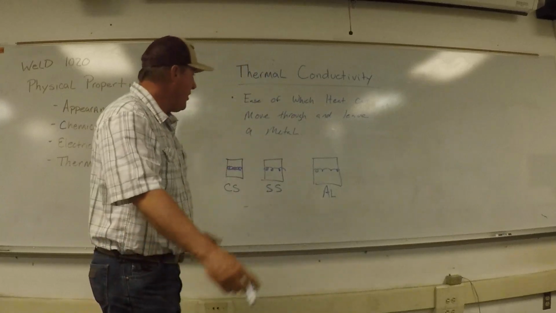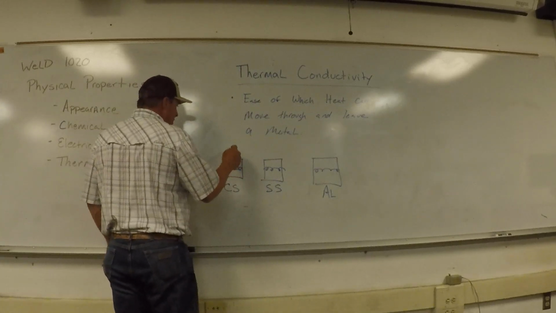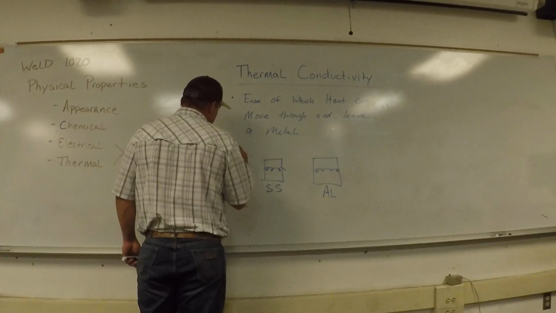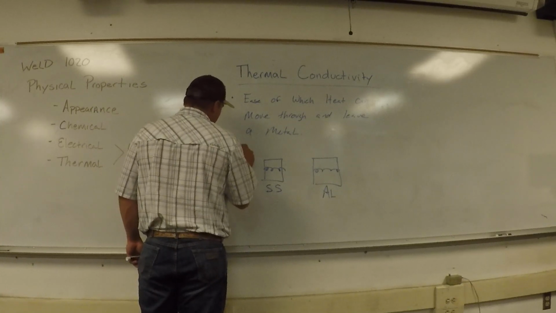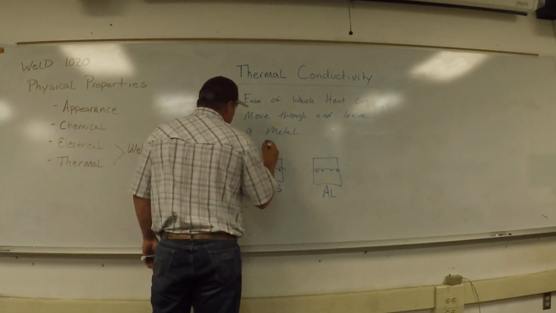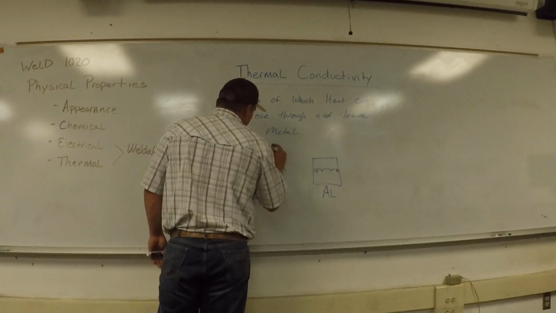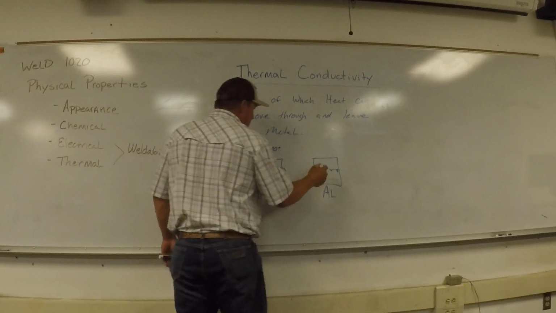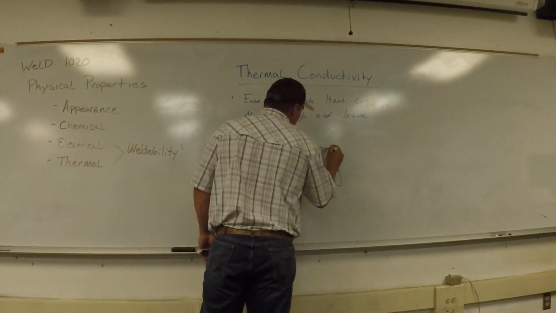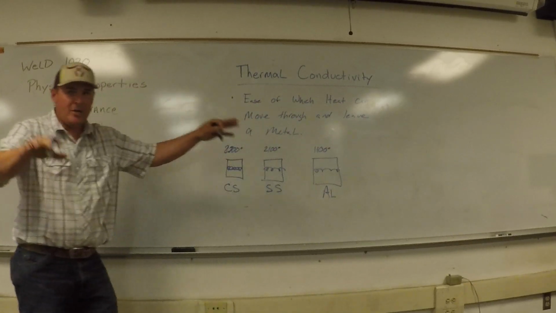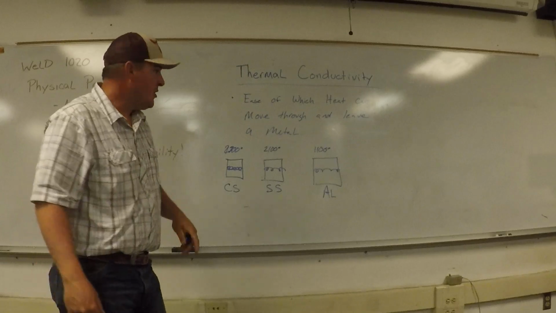Some are going to get hotter than others because carbon steel, it's got to melt at like 2,300 degrees. Don't quote me on it, it's not an exact number. Stainless steel, we're going to melt that dude at about 2,100 degrees, and this one we're going to melt at about 1,100 degrees Fahrenheit. Now those are not actual specific numbers, but they're pretty close.